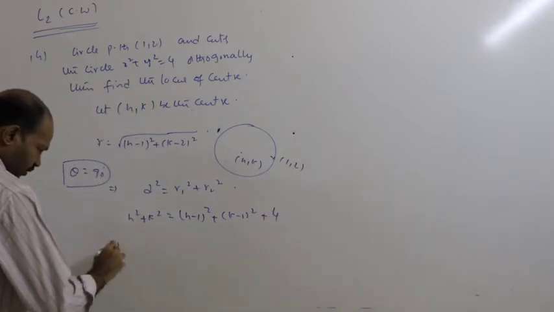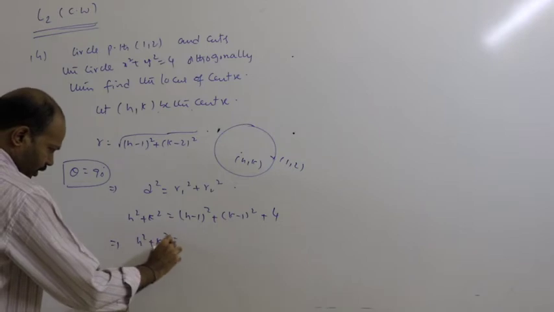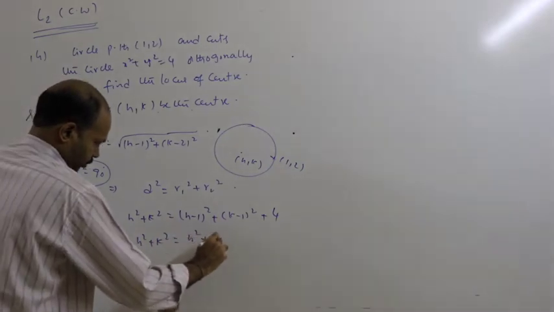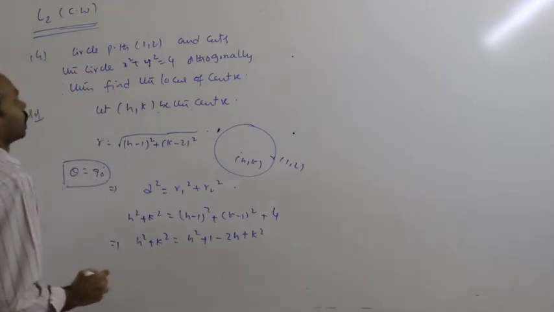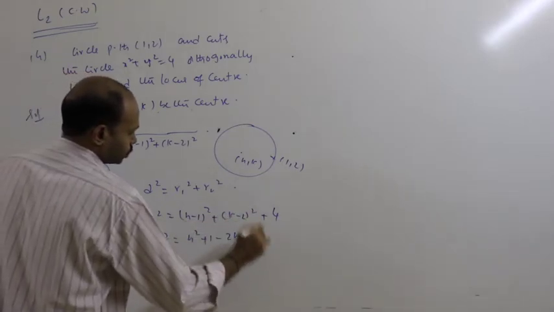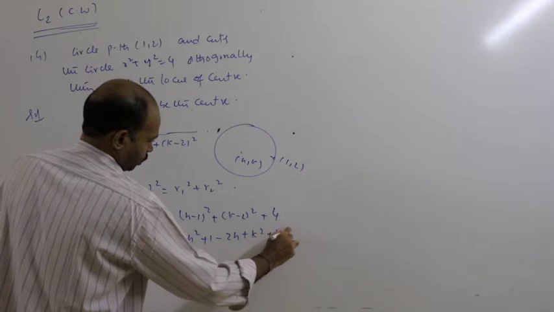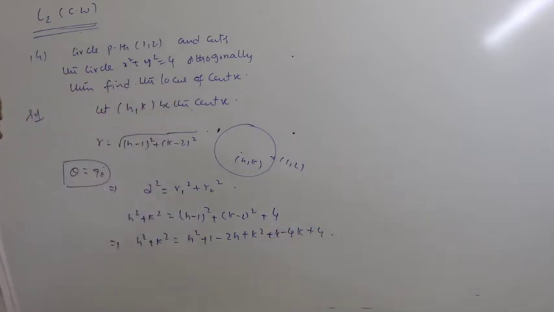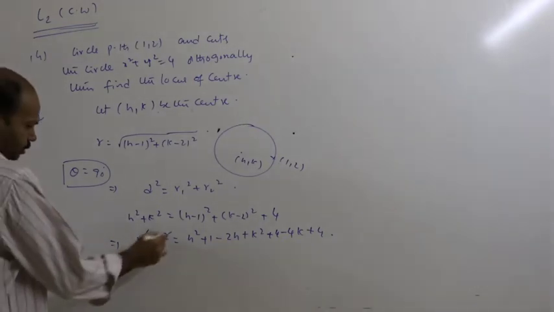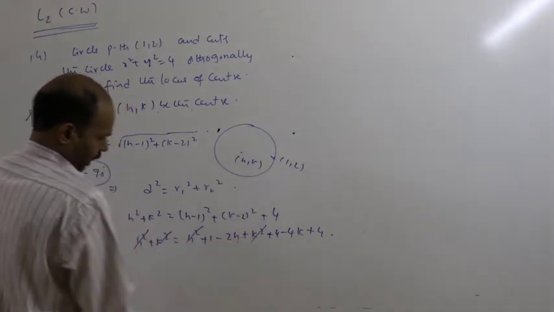Expand the expression. h square plus k square equals h square plus 1 minus 2h plus k square plus 4 minus 4k plus 4. See the cancellation: h square and k square cancel.